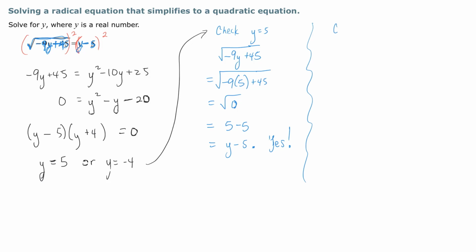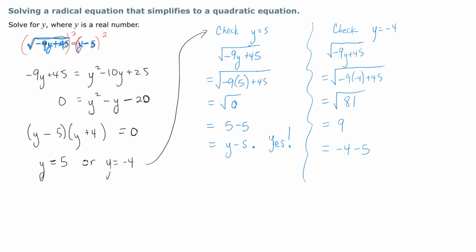Why don't we check y equals negative 4 with the original equation? So we take negative 9 times y plus 45, and we're going to evaluate this at negative 4. Negative 9 times negative 4 plus 45. What do we have here? We have 36 plus 45. That is 81. What's the square root of 81? It is 9. Is 9 equal to negative 4 minus 5?